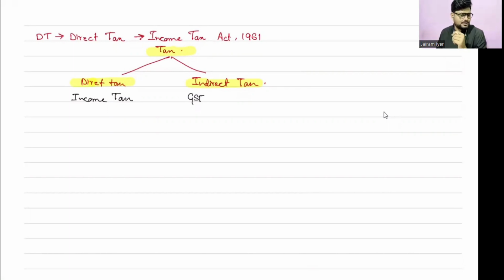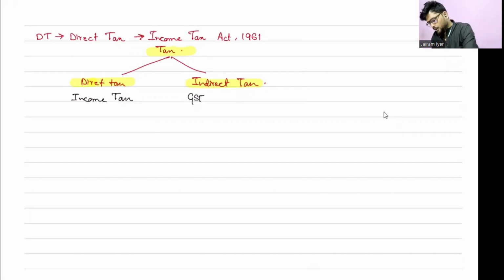There will be some GST on it. What I mean to say is that this GST is irrespective of the amount of income that you earn, or the level of income you have. But income tax clearly and specifically depends upon the income you earn.